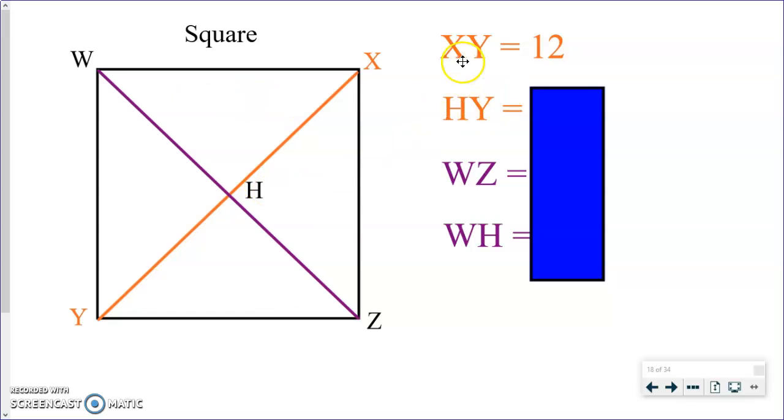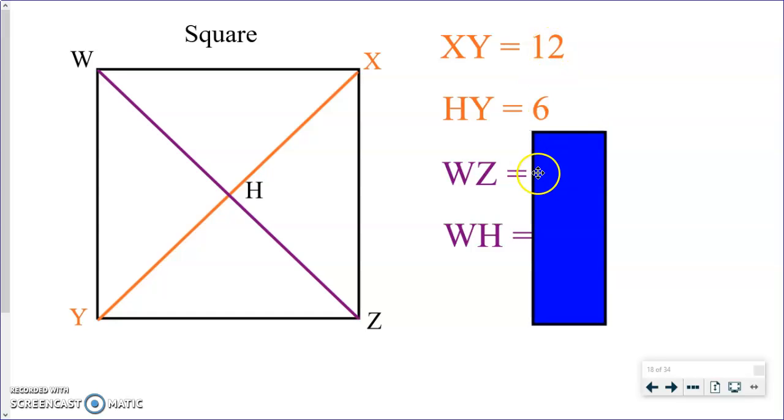Right, so in this square, if XY is 12, that's this diagonal. How long would HY be? Well, the diagonals are going to bisect each other, so HY has got to be whatever 12 divided by 2 is. So it's 6. A square is a type of rectangle, so the diagonals are congruent.